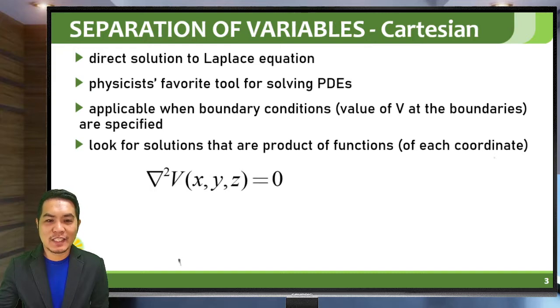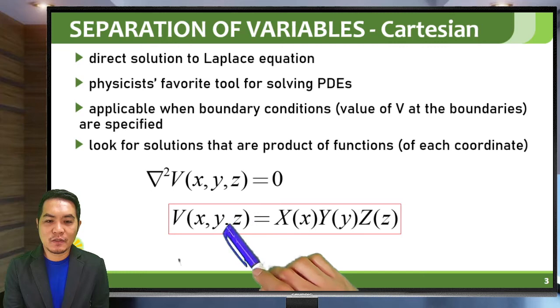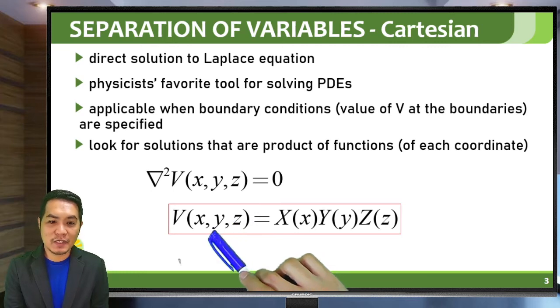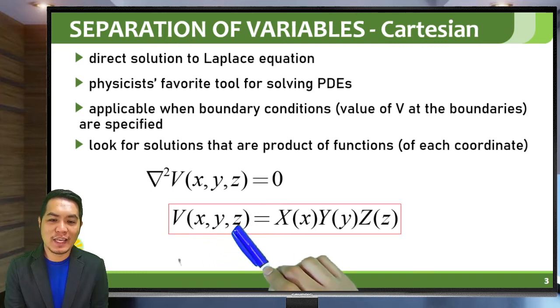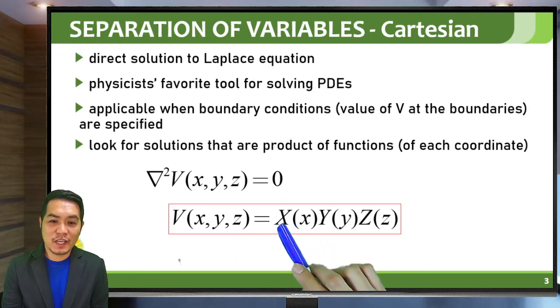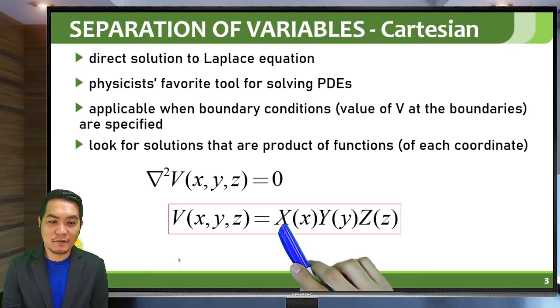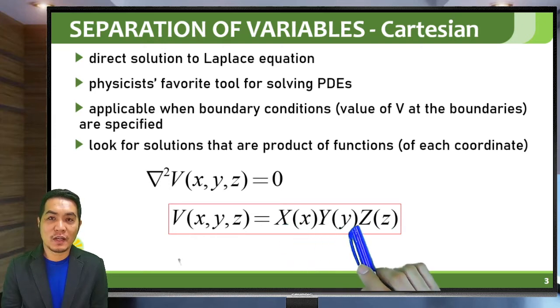For instance, in Cartesian coordinates, this is the Laplace equation. We will assume that the three-dimensional potential, as a function of x, y, and z, is just a product of three functions X, Y, and Z, each individually a function of only one coordinate.